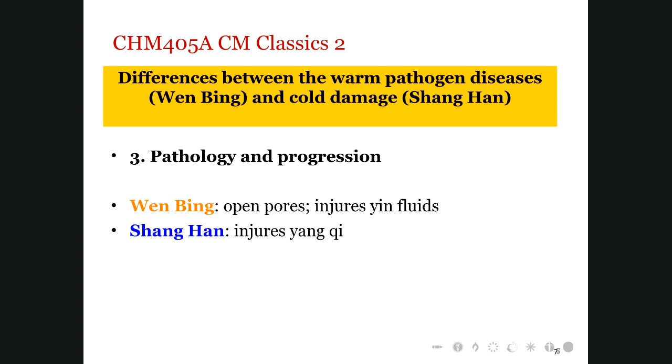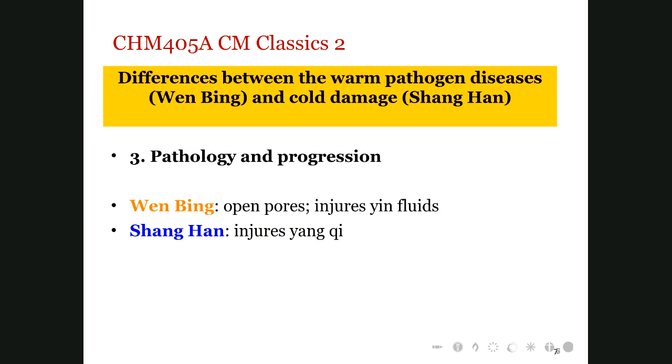So from this comparison, you can understand why fever could be part of the clinical manifestations. Because it is so fast, it injures yin straight away, so when yin is insufficient, yang will be relatively dominant. On top of that, with yang pathogens, fever obviously should be dominant. But for the Shanghan concept, it's cold dominated.